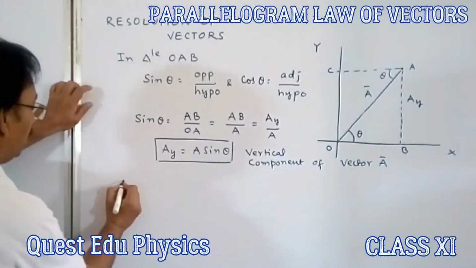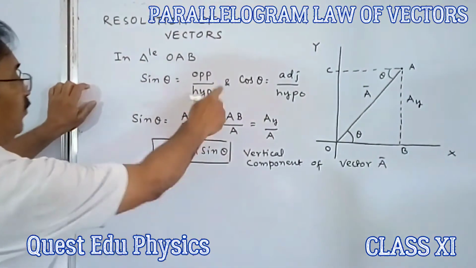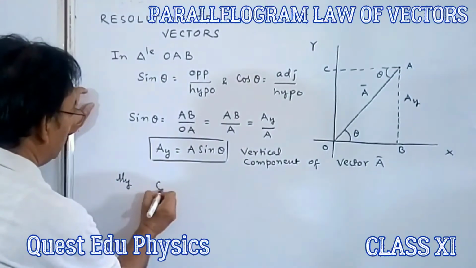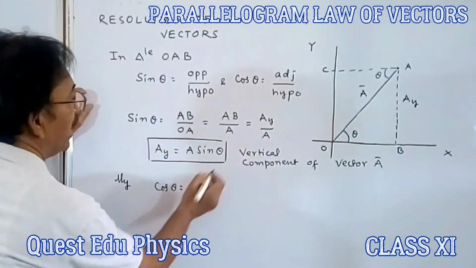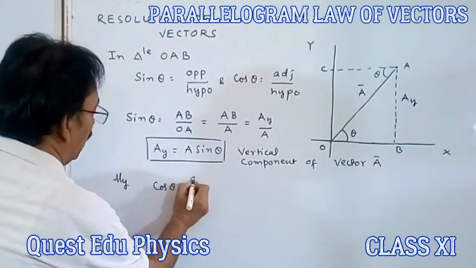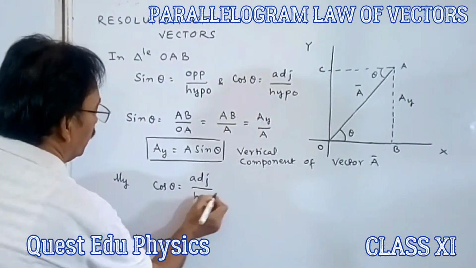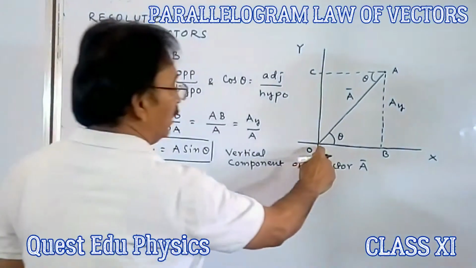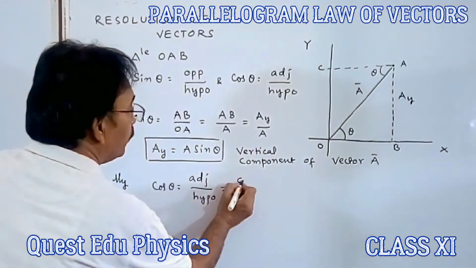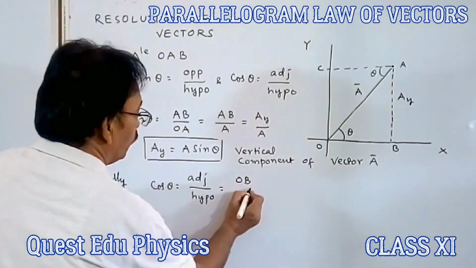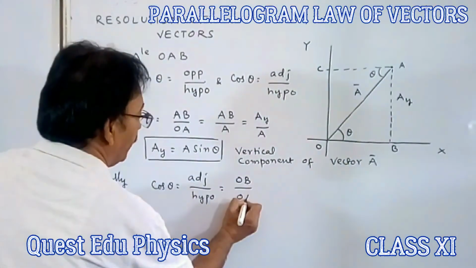Similarly, cos theta can be written as adjacent by hypotenuse. If you see the triangle, the adjacent is OB by OA.